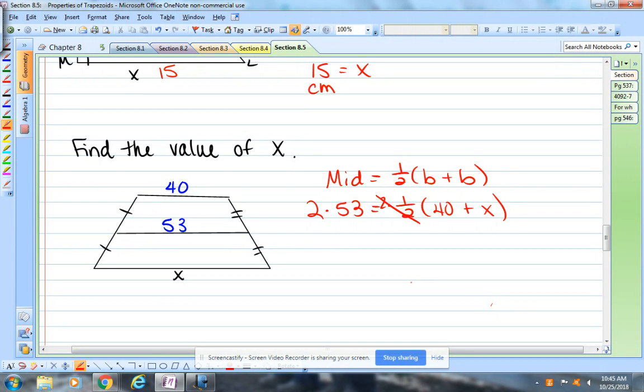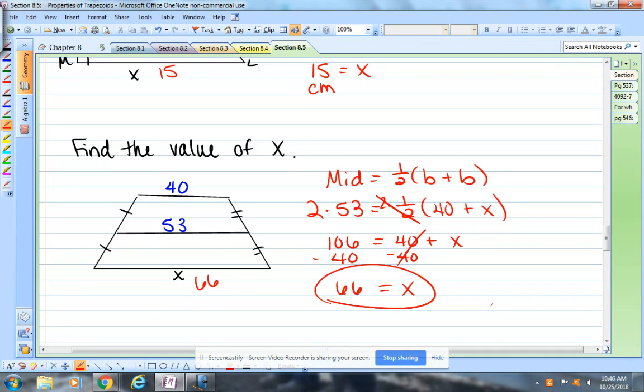What's 2 times 53? 106 equals 40 plus x. And then what do I do? What do I get? 66. Didn't give me any units that time, did they? So there we go. Any questions about that? Is 53 halfway between 40 and 66?